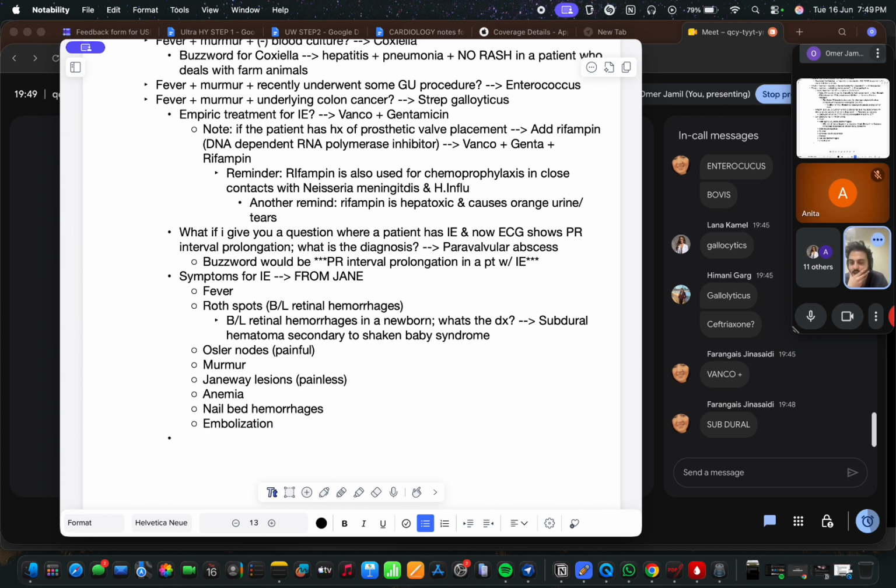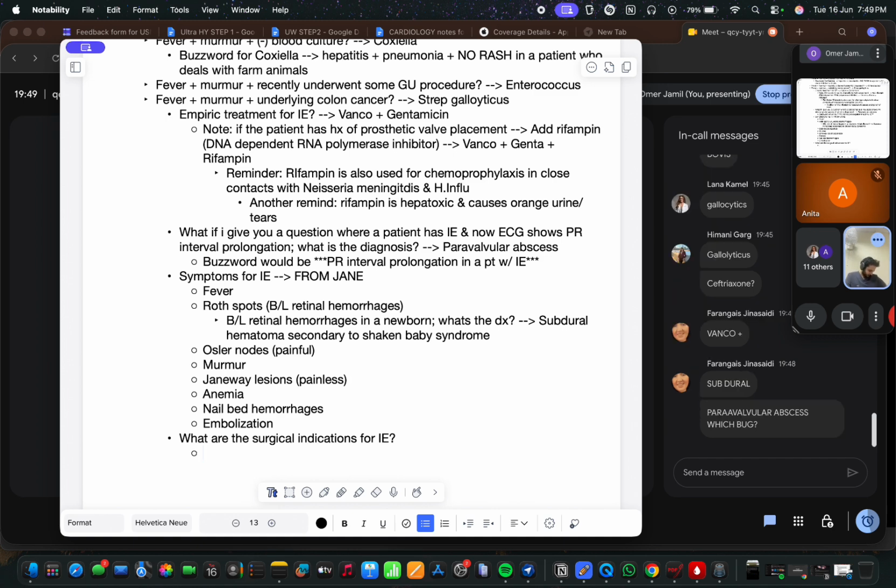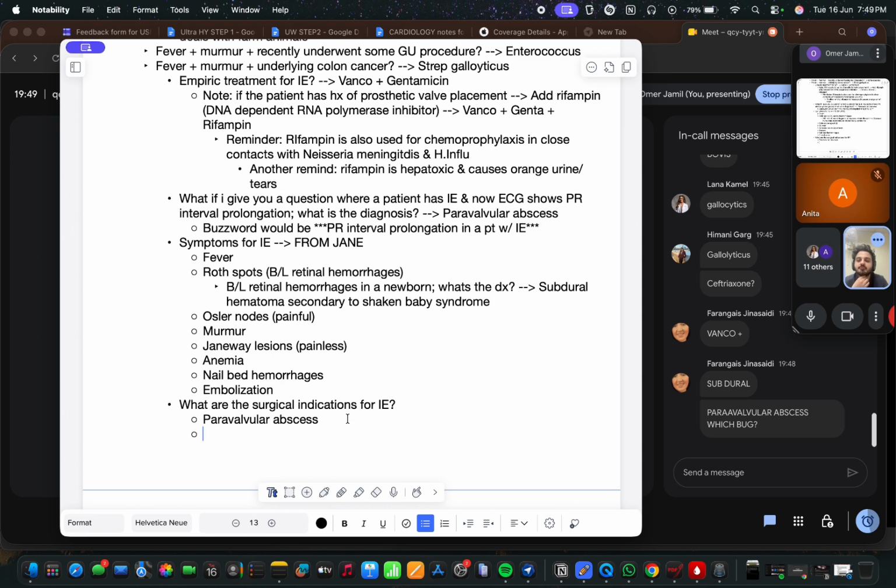Okay. Then, what are the surgical indications for infective endocarditis where you have to take the patient in for surgery? So, what do you think? Doesn't matter, any bug, doesn't matter. One I just told you: a paravalvular abscess is an indication for surgery. Then second, anyone? Severe heart failure from regurgitation.